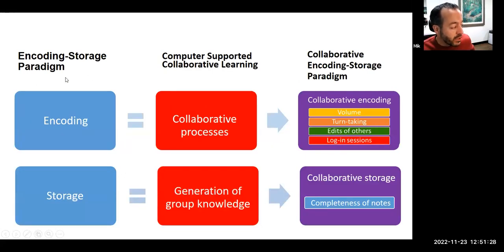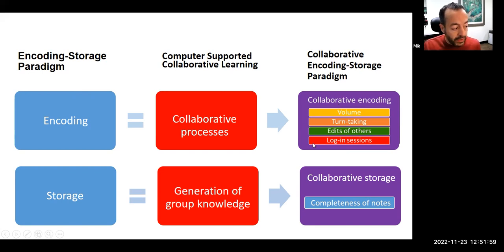The encoding storage paradigm is based on two main concepts, encoding and storage, which we've talked about. Computer supported collaborative learning, as I mentioned, talks about the collaborative processes that groups engage in that lead to learning, and the generation of group knowledge, maybe in the form of a digital artifact. So I'm proposing a new variation of this paradigm called the collaborative encoding storage paradigm.